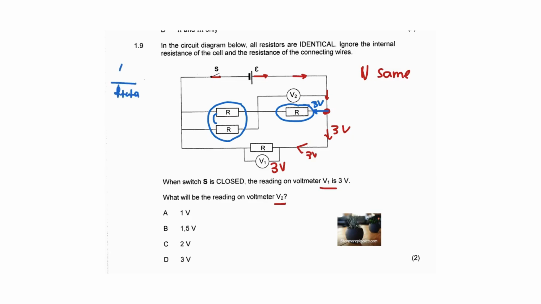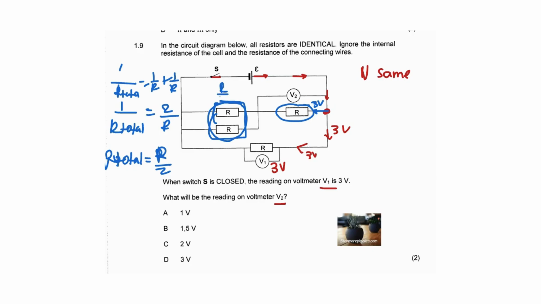We know that for 1 over R total, we have 1 over R plus 1 over R, and that's going to be 2 over R equals 1 over R total, so R total would be R over 2. So if we say this parallel connection there is represented by R over 2, it means the voltage is going to be shared between the resistor that has a magnitude, half of its magnitude, and that one.